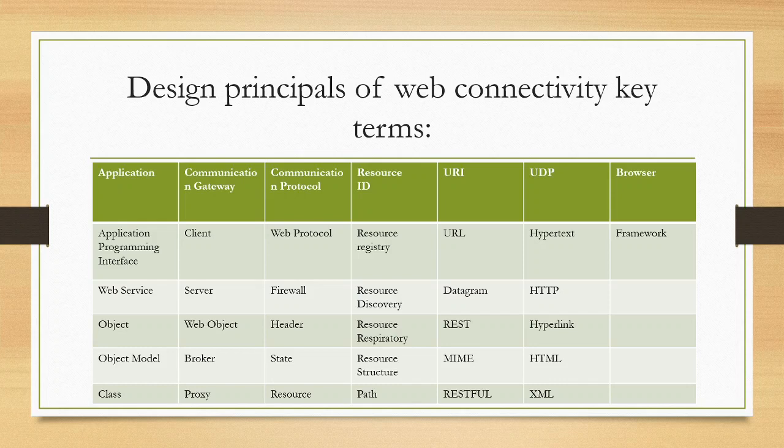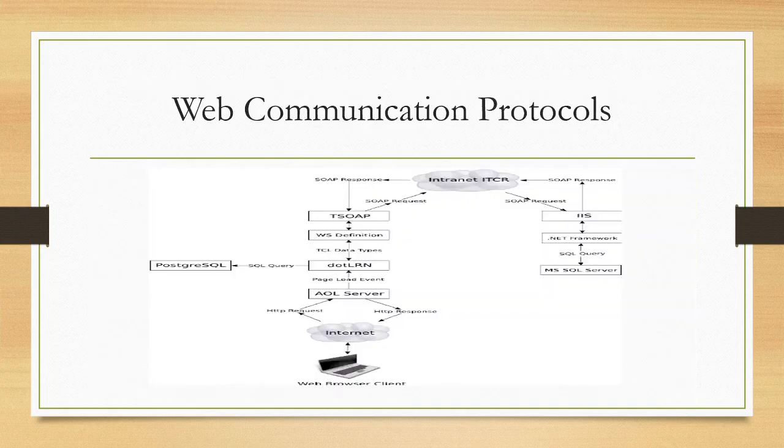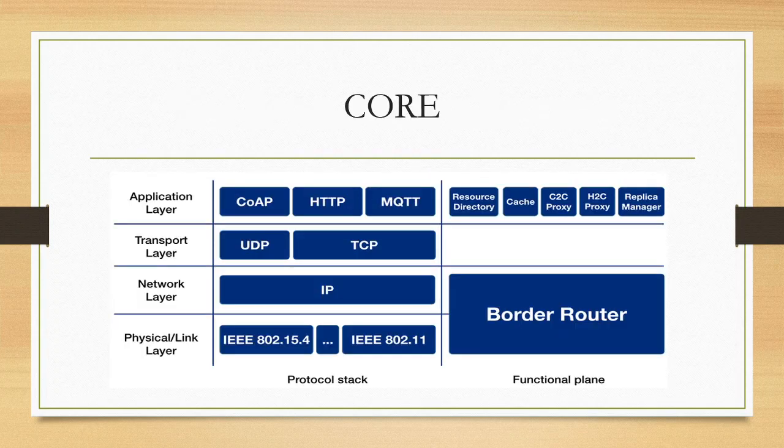Next is Web Communication Protocol for connected devices. Data of connected devices routes over the web in two types of communication environments. The environments are constrained RESTful environment core. Next is core features of constrained RESTful environments core.